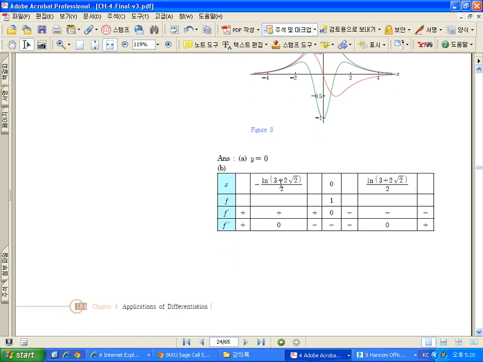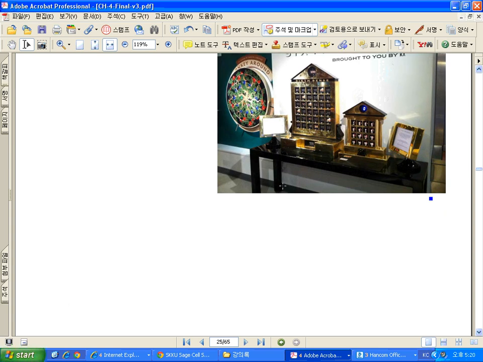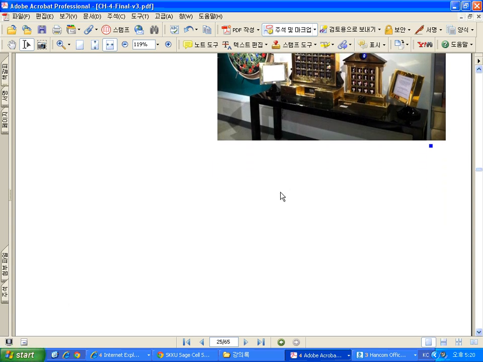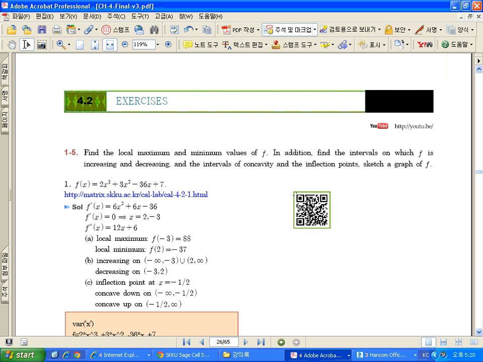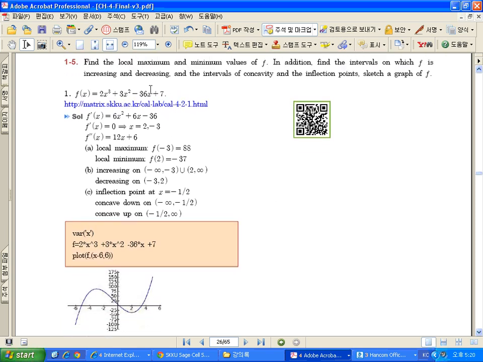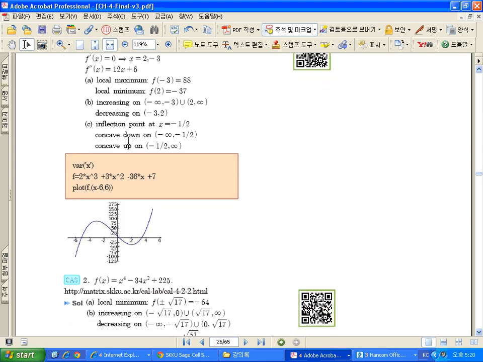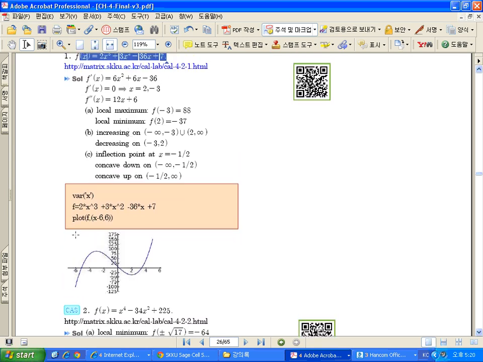Okay, these things can be found with the method that we have learned, but now we also have other tools like this. Suppose we have this curve, then we can draw the graph first to find the local maximum and minimum, or we can find all the information to draw the graph.